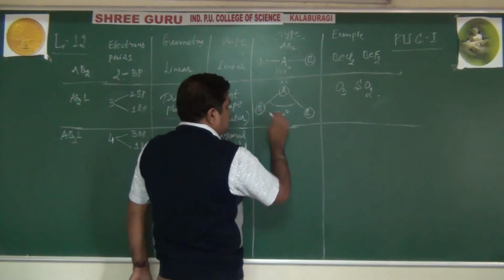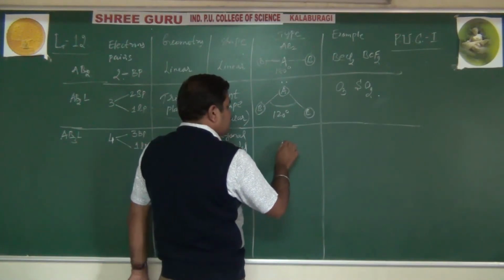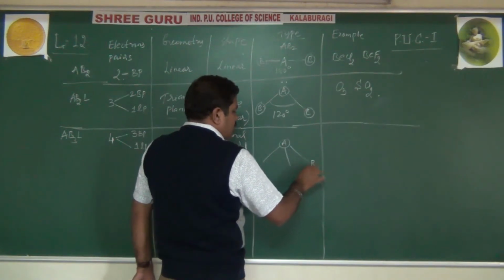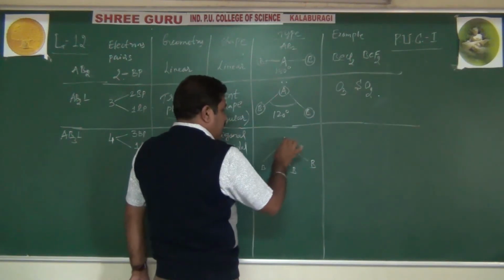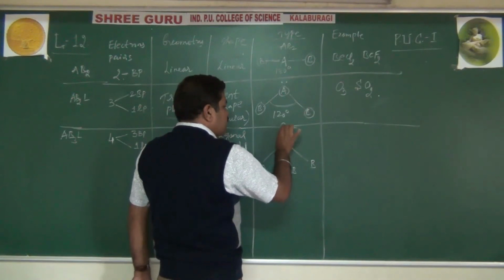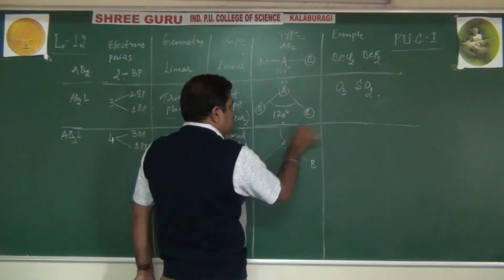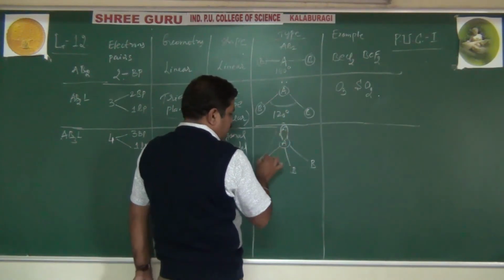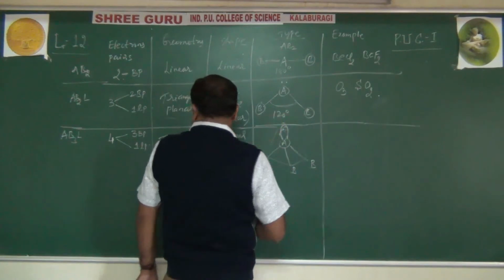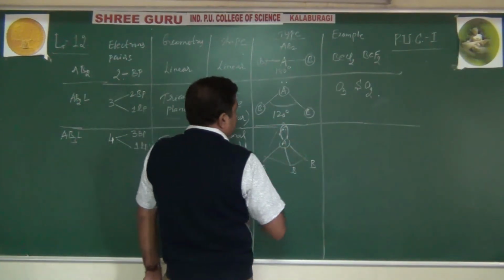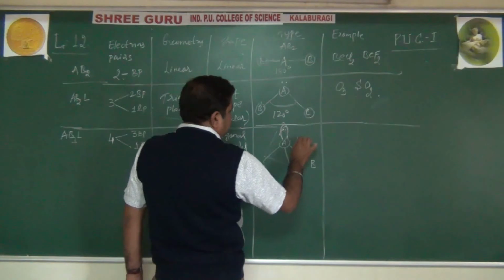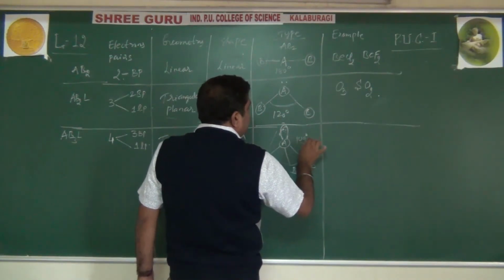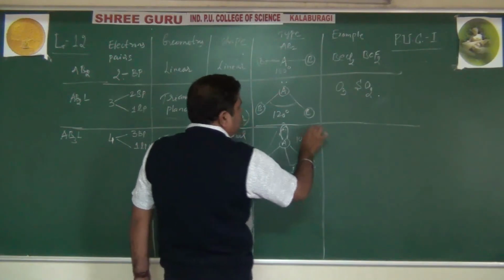Generally what we show is A with 1, 2, 3 bonding pairs and a lone pair. The lone pair arranges like this, making a trigonal bipyramidal arrangement, and the bond angle here will be tetrahedral, 109.5 degrees.